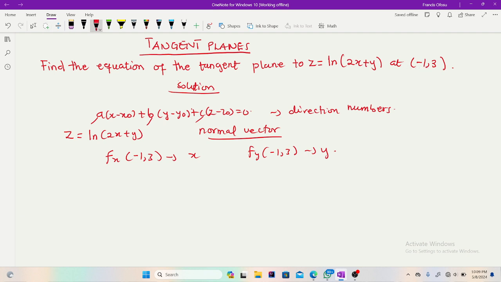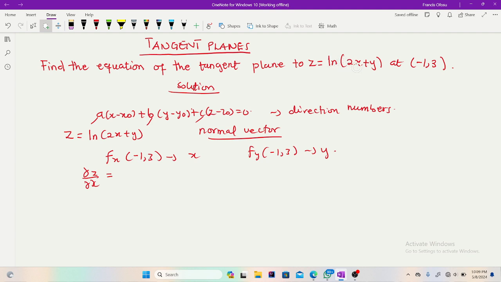So let's see. Using this equation, what is fx, or the partial of z with respect to x? For partial derivatives, we use this symbol, and the d is different from the normal derivative. So you simply find the partial of z with respect to x.